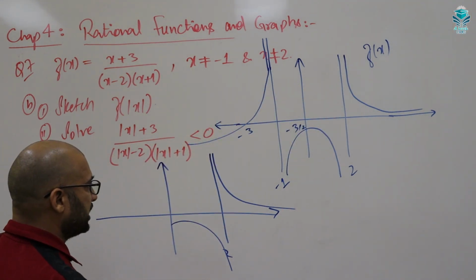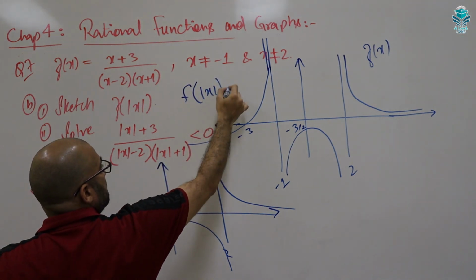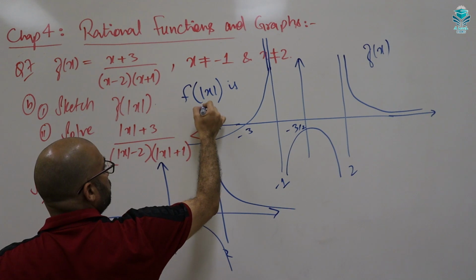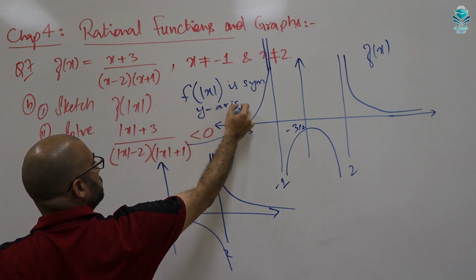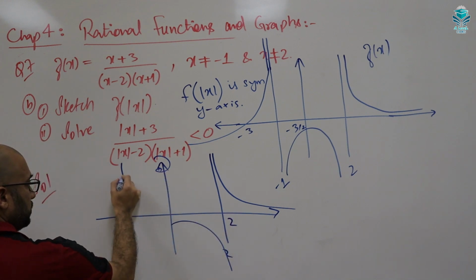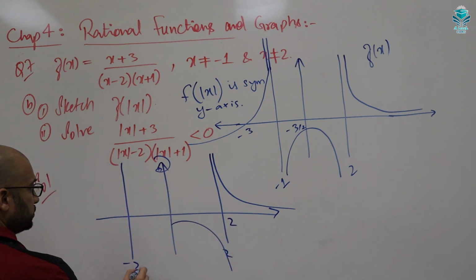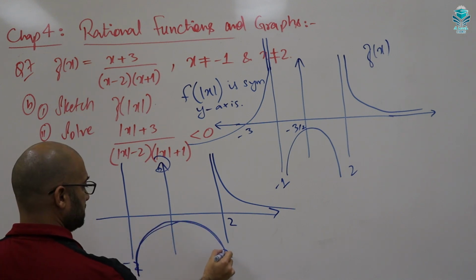So students, we know that the function of absolute x is symmetrical about the y-axis, meaning its line of symmetry is the y-axis. So as at 2 you have the line, at -2 you have the same sketching like this, understand?